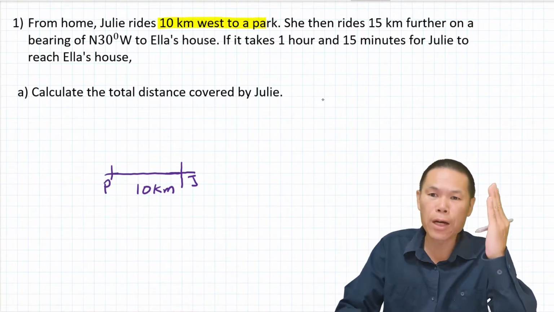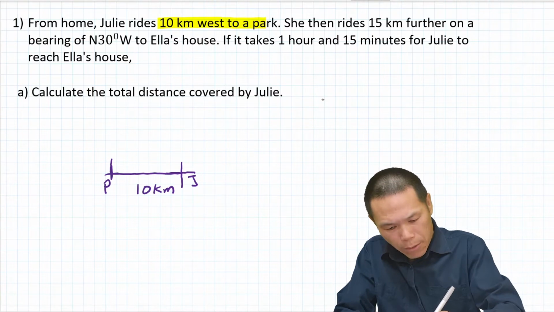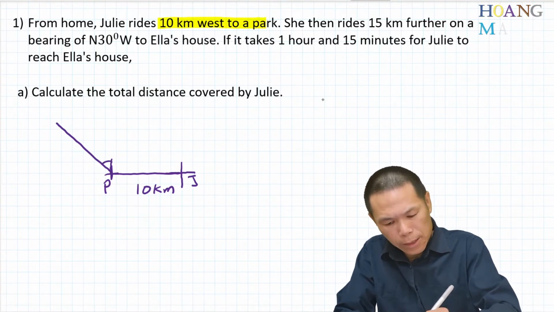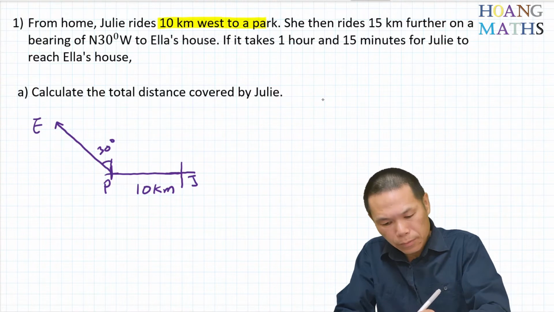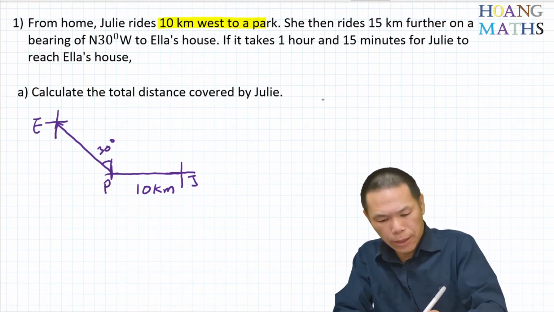And she rides further north 30 degrees west. So this is the bearing, 30 degrees towards west. So this is 30 degrees. We just write E, so this is the reference point. So 15 kilometers.